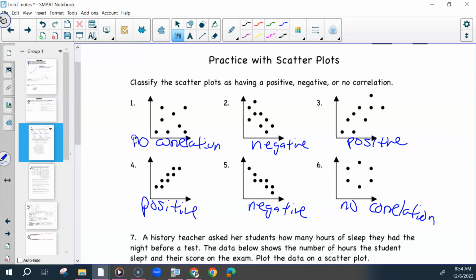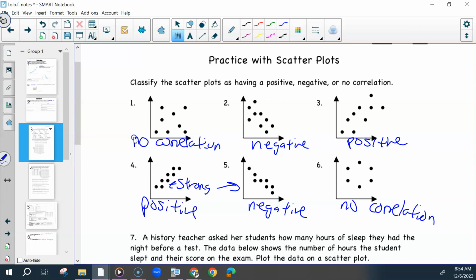Now I'm just going to talk about the strong and weak. Strong is when it's almost in a line, or like you see it in a line. So this would be strong, this would be strong, or stronger than the other ones. This one's not as strong, but it's not super weak either.